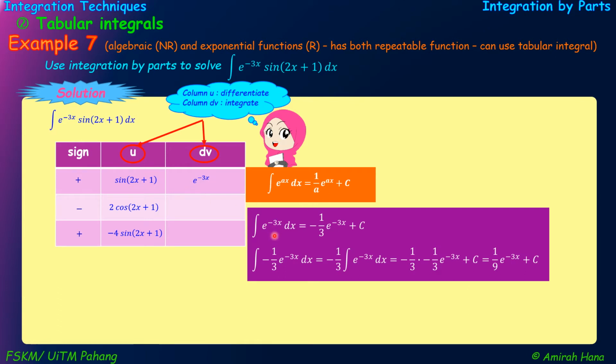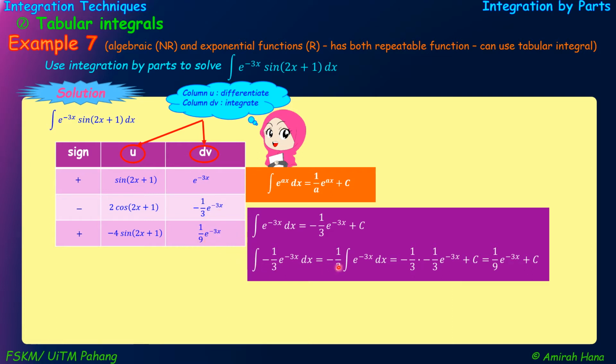So when we integrate e to the power of negative 3x dx, the answer equals 1 over negative 3, which is negative 1 over 3, times e to the power of negative 3x, plus c. So we put it here. No need to write plus c because we have not finished our solution. After that, we need to integrate negative 1 over 3 e to the power of negative 3x. So we get this.